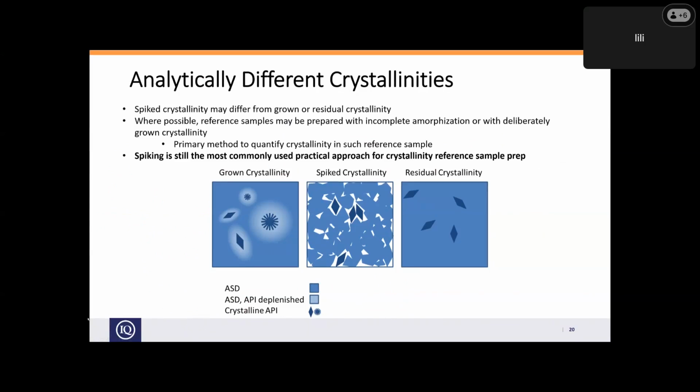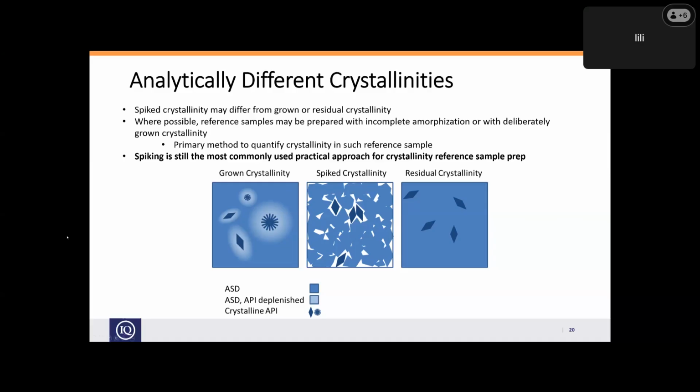As Frank mentioned, crystallinity can come from different ways, and consideration needs to be given to whether the reference material prepared for method development actually represents how the crystallinity is being generated.